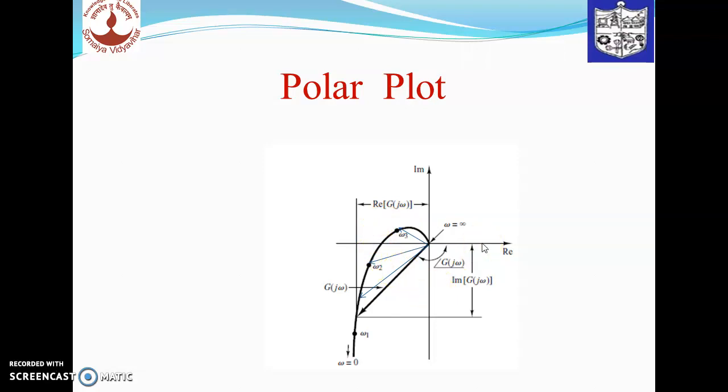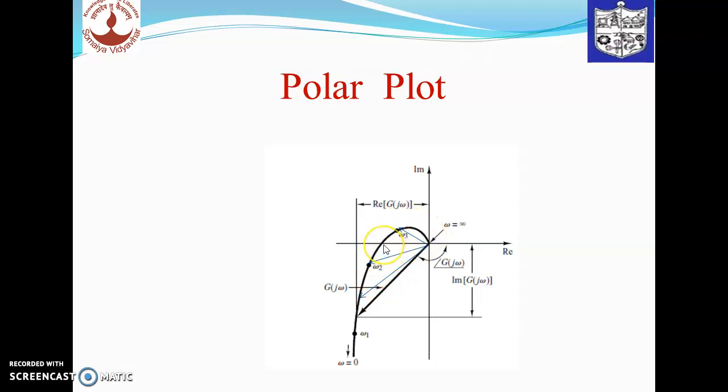Or if I go in the clockwise direction, minus 90, minus 180 and minus 270. So at infinity, that is when omega equal to infinity, the magnitude is 0 and angle is minus 270. That's why it comes like this.